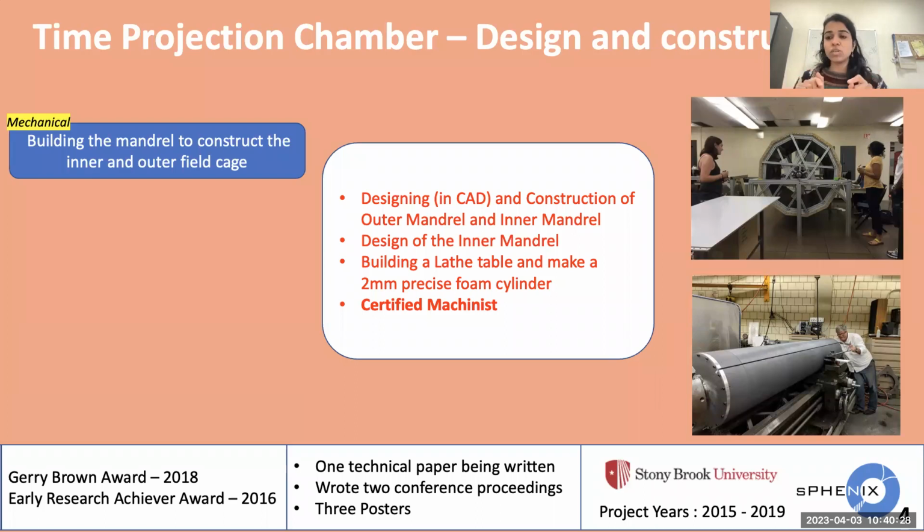The outer mandrel was built as a 12-sided foam structure, which was then lathed into a perfect cylinder. Along this process, I was able to utilize my engineering degree from my undergrad, and I also got a certification as a machinist.